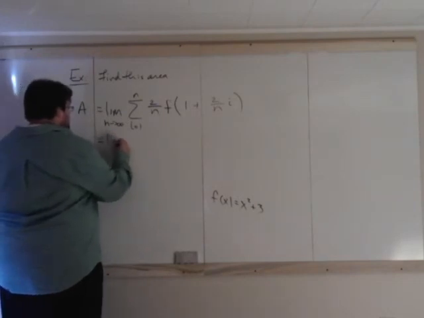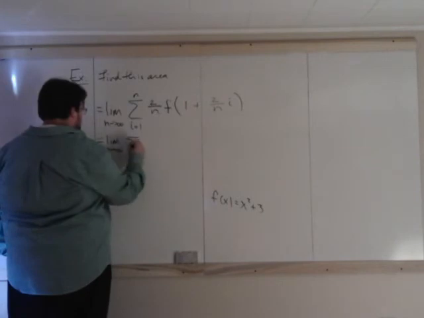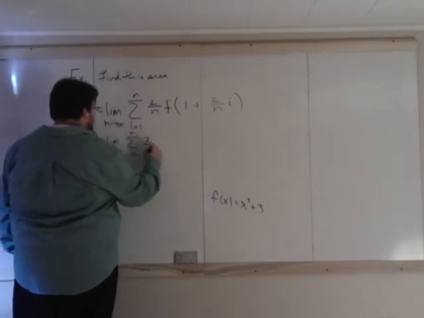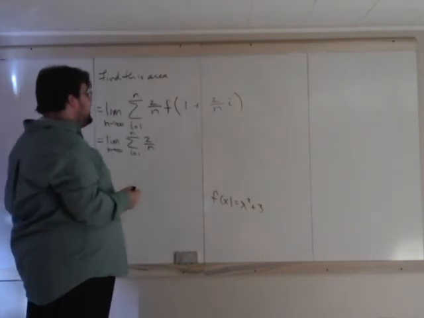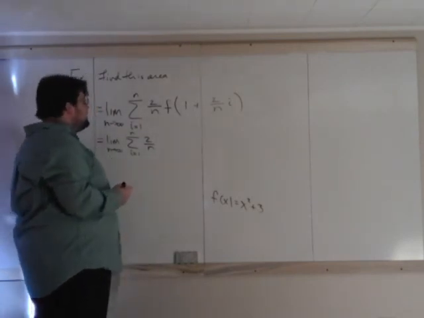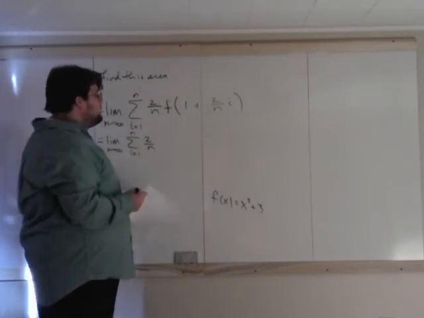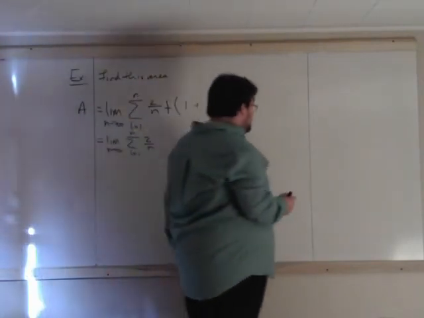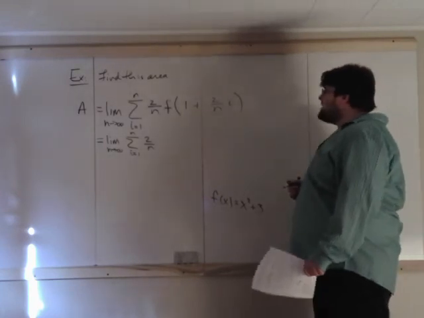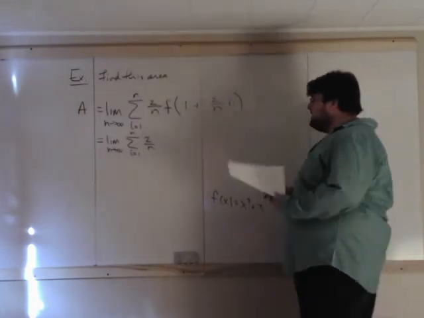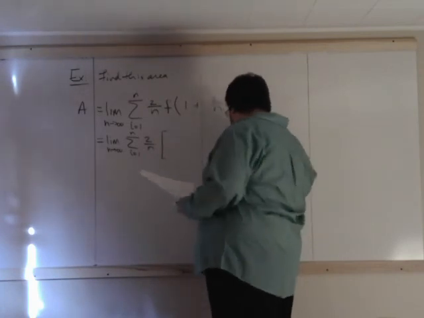So let's just use this notation: 2 over n, and let's just deal with f of 1 plus 2 over n times i. And we're going to write that here, but let's figure out what that is on the side.